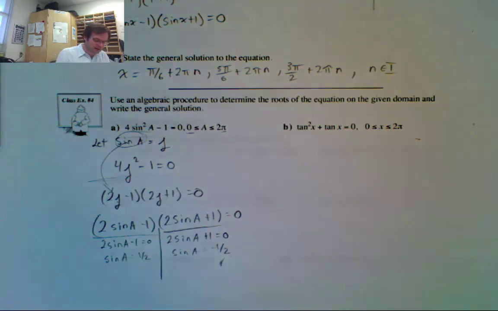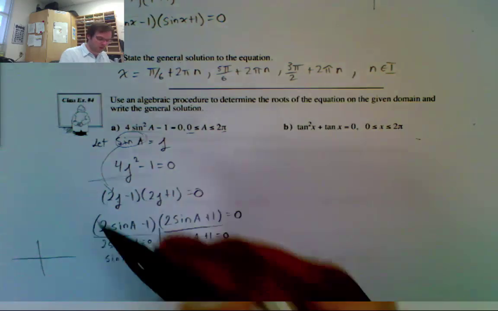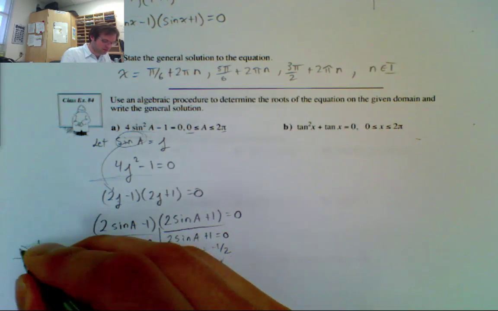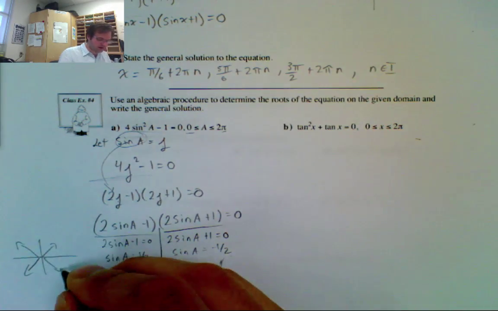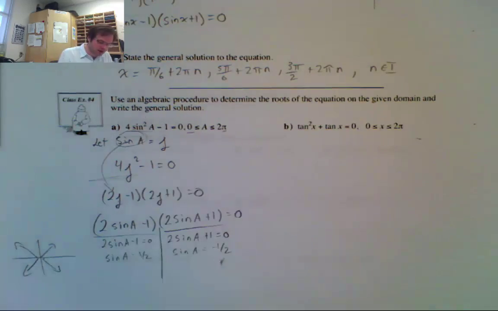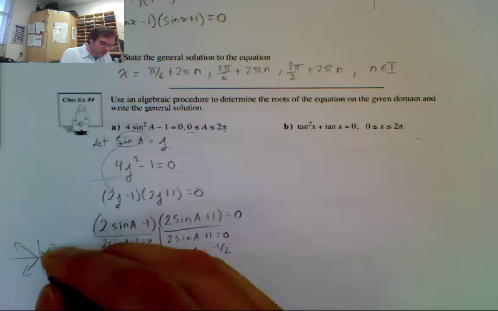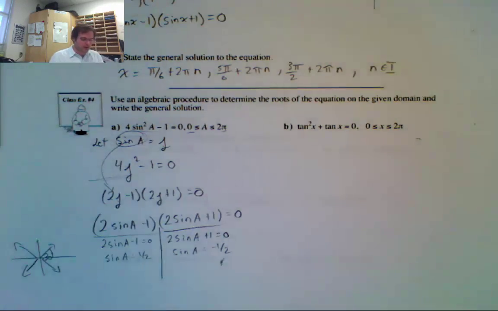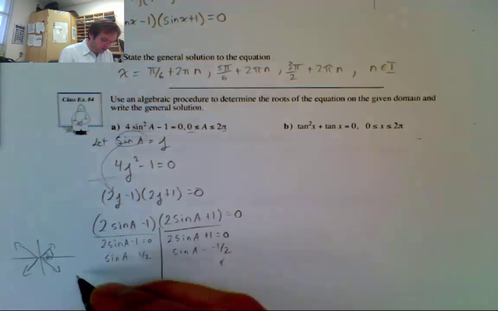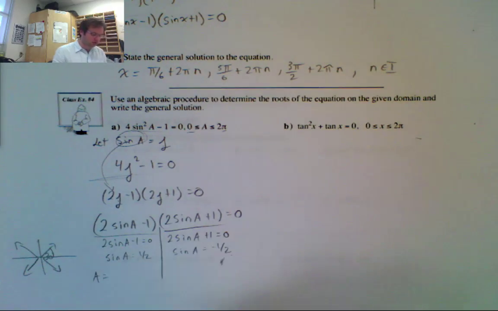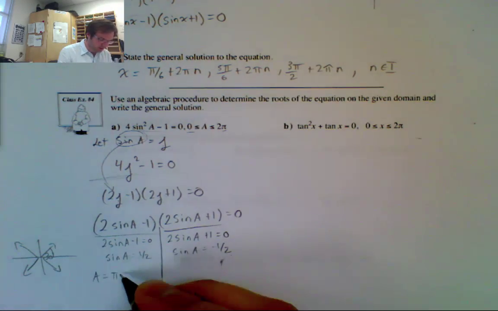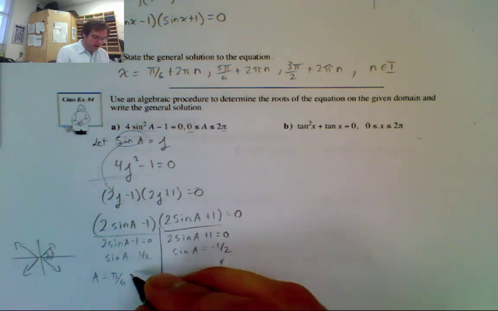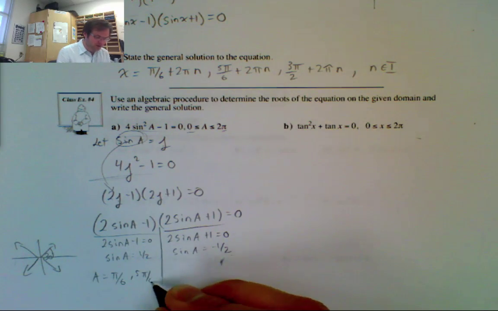Okay? Now let's take a look at my grid. Well, I know that sine could be positive or minus, so that means sine could be there, there, there, or there. Now let's take a look at my reference angle. 1 over 2 is the short side, so that's going to have to be 30 degrees, which is the same thing as pi over 6. So for the positive, we have A is equal to pi over 6, and we have 5 pi over 6.